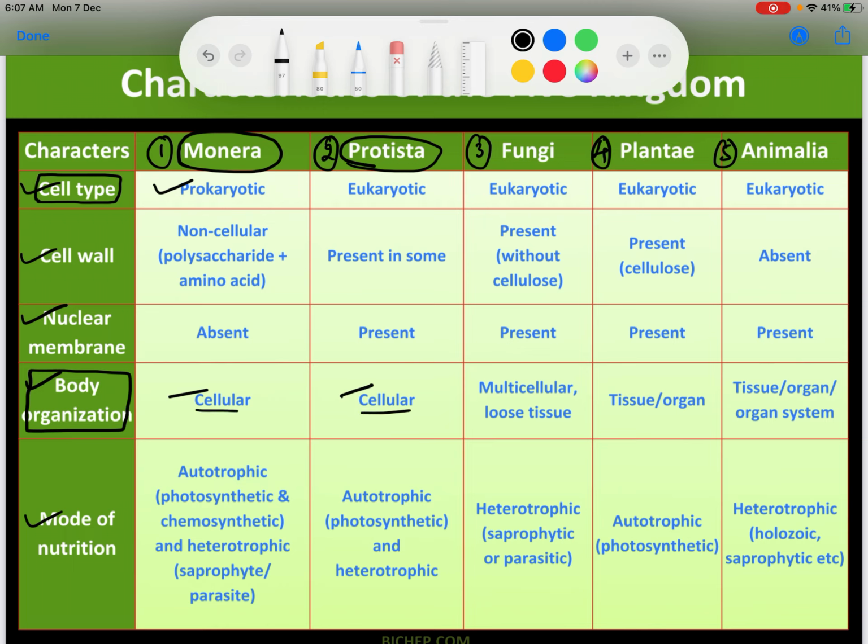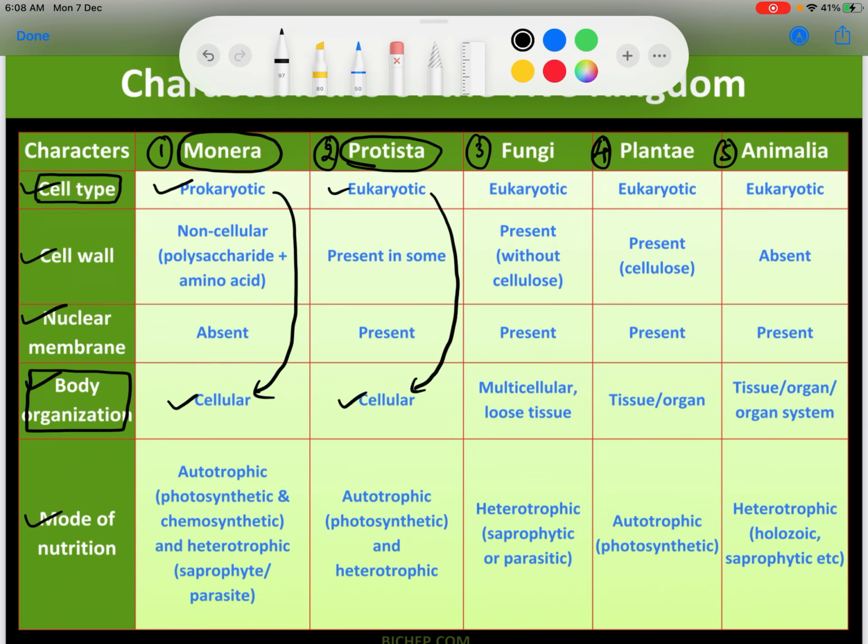If you see, the entire body is made up of only a single cell. Fine. So, here cellular and here as well they are cellular. So, prokaryote which is cellular, it is Monera, and eukaryote which is having cellular organization, means the entire body is made up of cell, they are Protista.